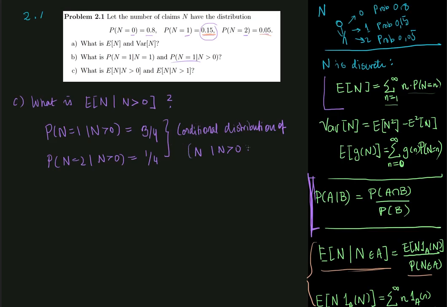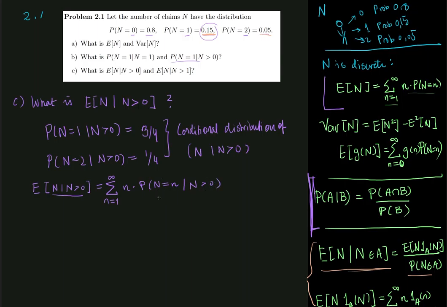And since we already have the conditional distribution, then we can just say, well, the mean of n given that n greater than 0, we can just look at this whole thing as one stochastic variable and say this is equal to the classical definition of the expected value, where I let n go from 0 to infinity, and I have n multiplied by the probability that n is equal to small n, given that n greater than 0.